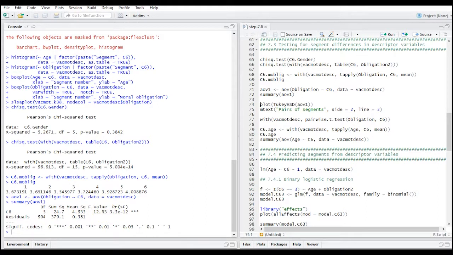That's the test statistic for our hypothesis test, by taking the ratio of the mean square values. And the F statistic under the null hypothesis follows an F distribution with these degrees of freedom here. And here we can see we get a p-value which is very small. So testing at the 5% significance level, we would reject the null hypothesis that the mean values are the same. So this tells us that there is a difference in mean values.